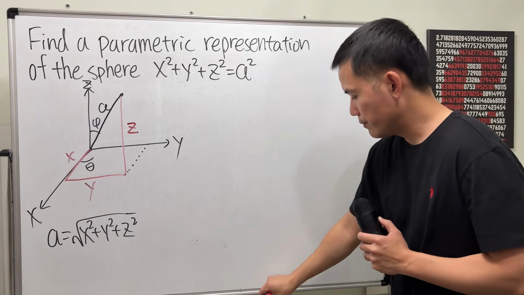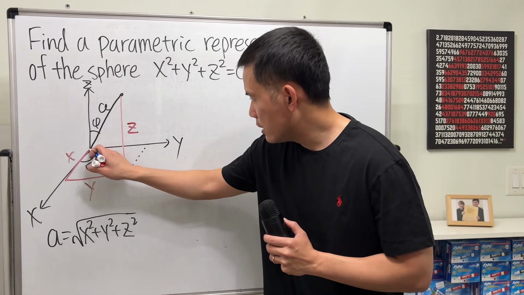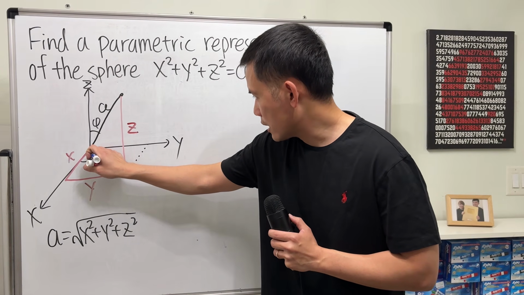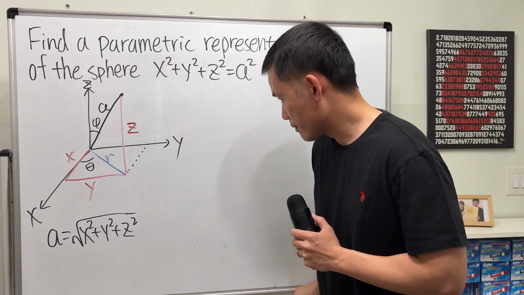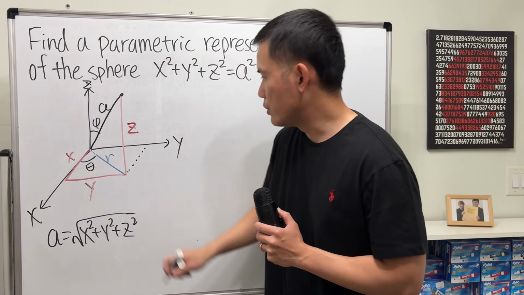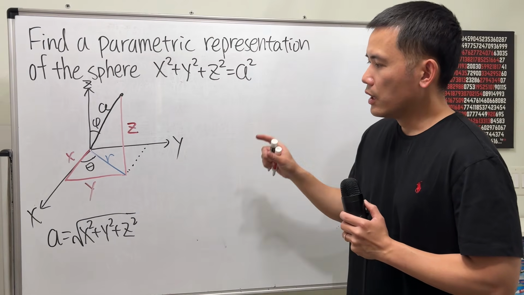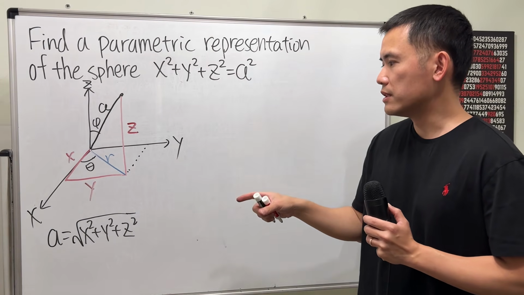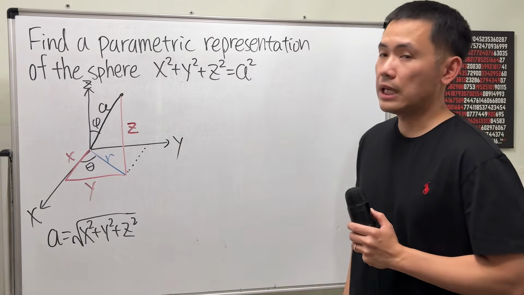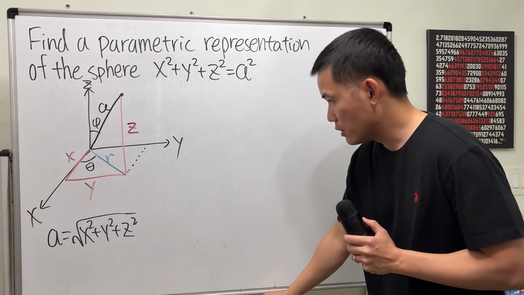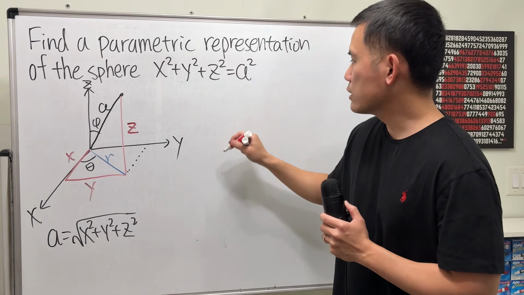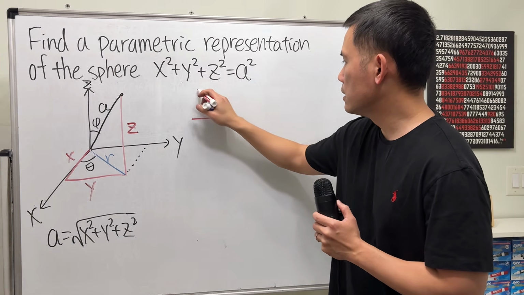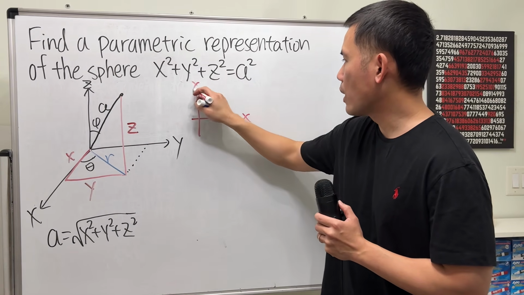To continue, we actually need the segment from here to here, and we are going to call that r. And the reason for us to do so is because we can use the polar coordinate systems on the xy plane to help us out a little bit. Check this out. Firstly, if you look at this triangle on the xy plane, so here is the x, here is the y.